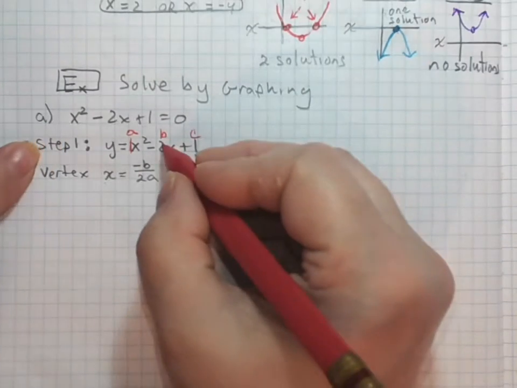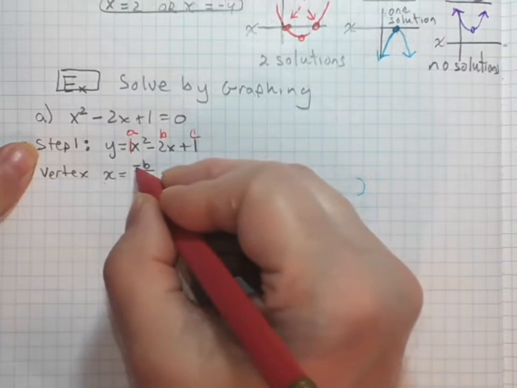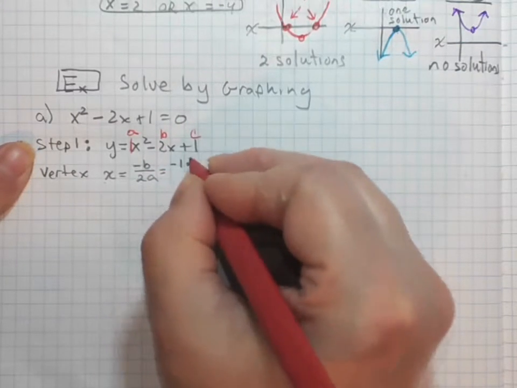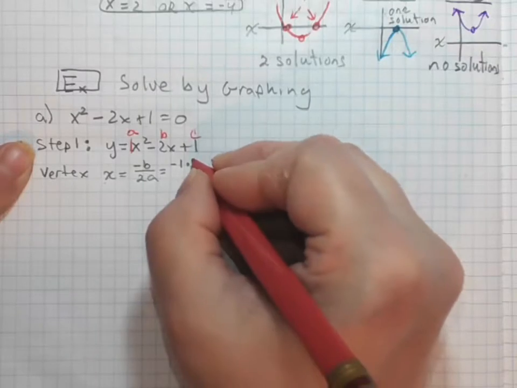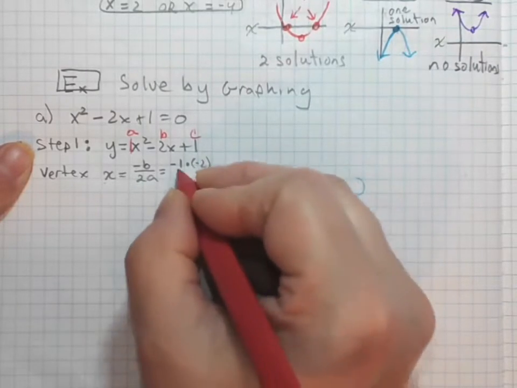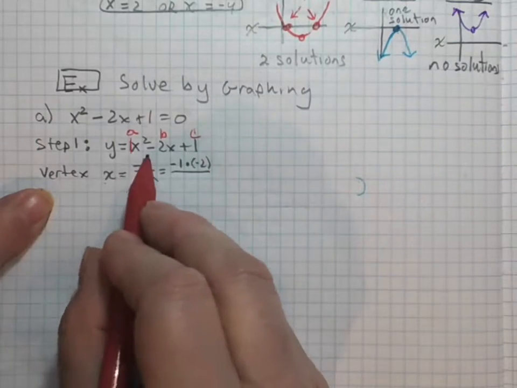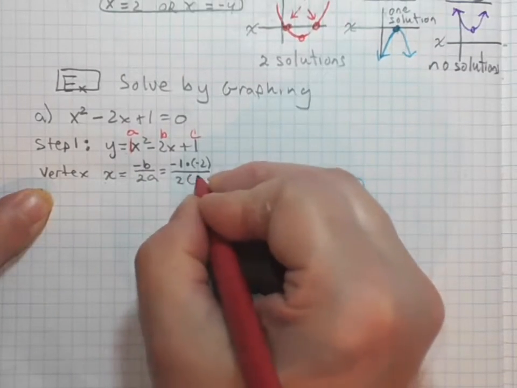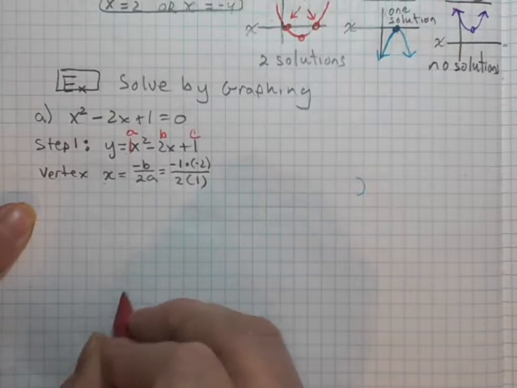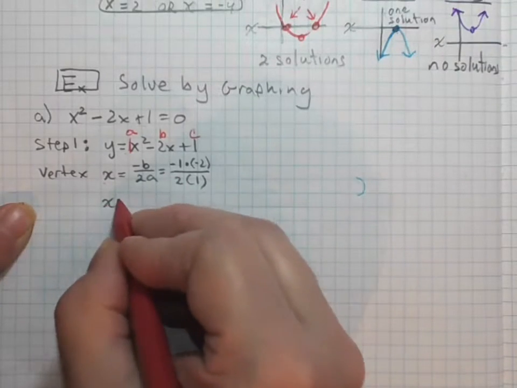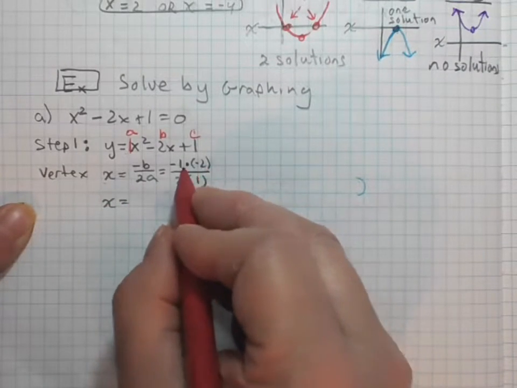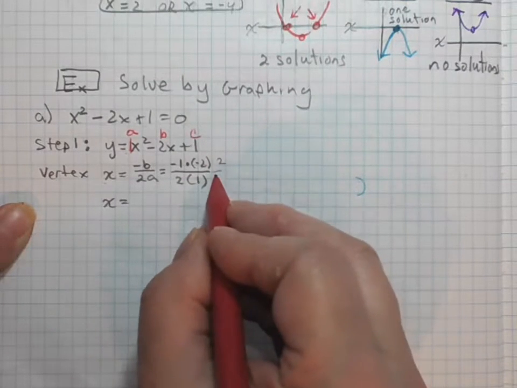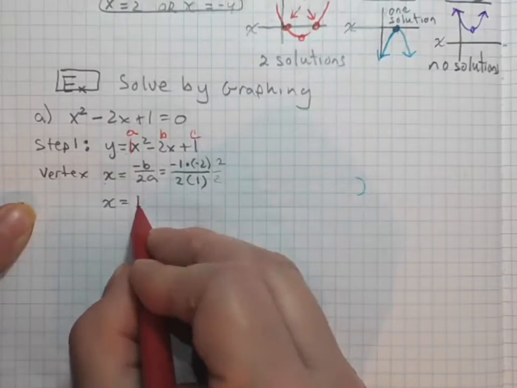So plugging in those numbers, b is a negative 2, so I have a negative 1 times the negative 2. And I'm dividing that by twice a, 2 times 1. And then I calculate that value, so that gives me x equals negative 1 times negative 2, well that's positive 2. And 2 times 1 on the bottom, that's 2. 2 over 2 is 1.